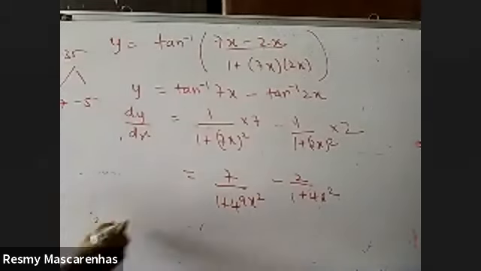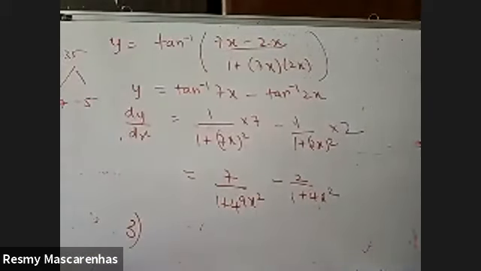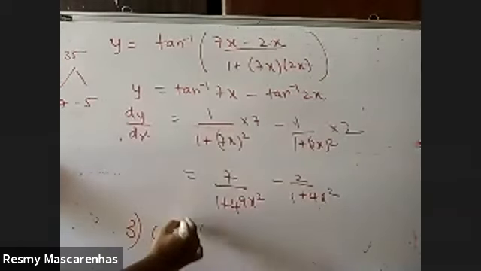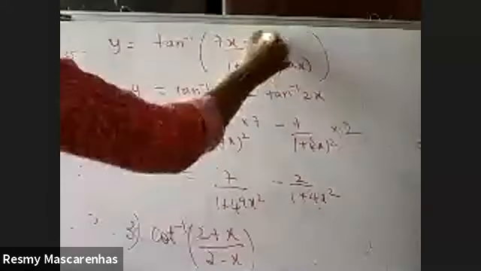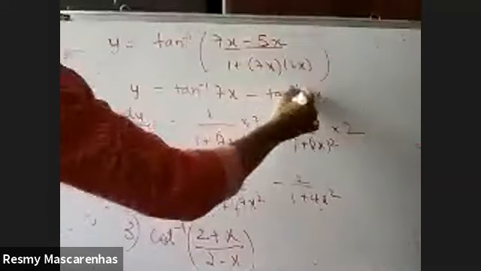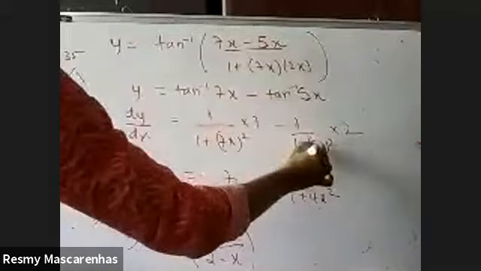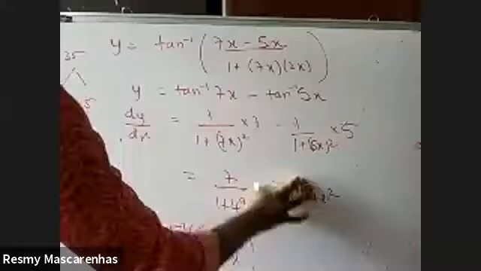Third one, cot inverse of (2 plus x) upon (2 minus x). Teacher, it is 5. You have written 2. Here 5, teacher. Just correct those who have written it as 2.